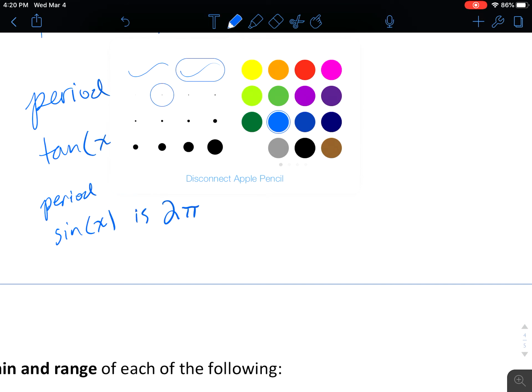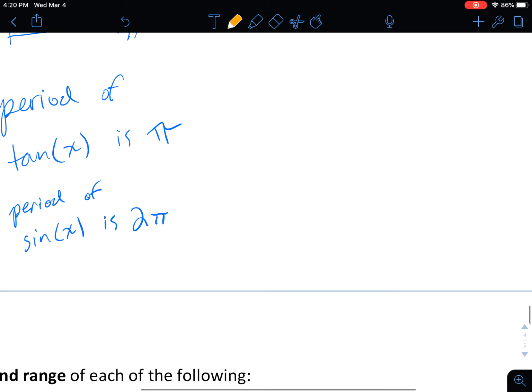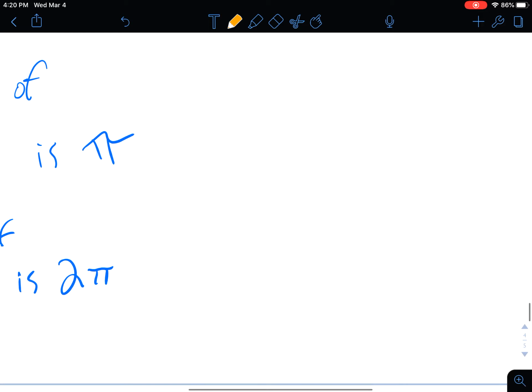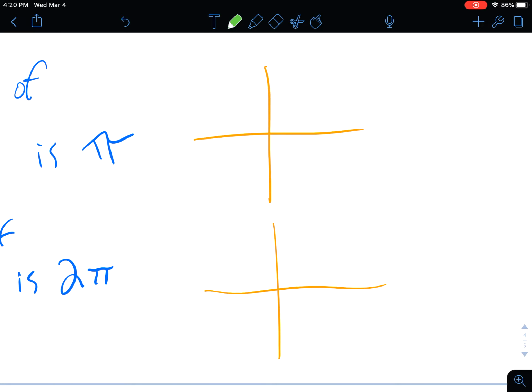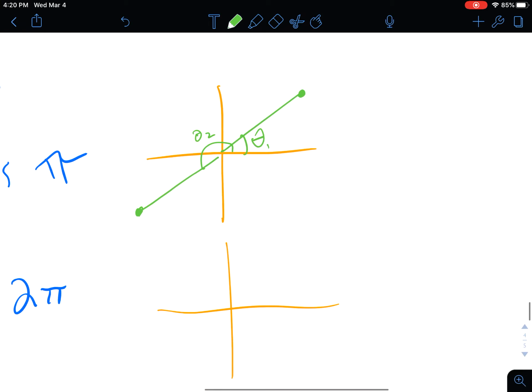And that makes a ton of sense if we think about where tan is equal to itself. There are two angles on the unit circle where tangent has the same value. If we had one angle here, theta, this angle theta would have the same tangent as this angle. We'll call that theta 1, theta 2.